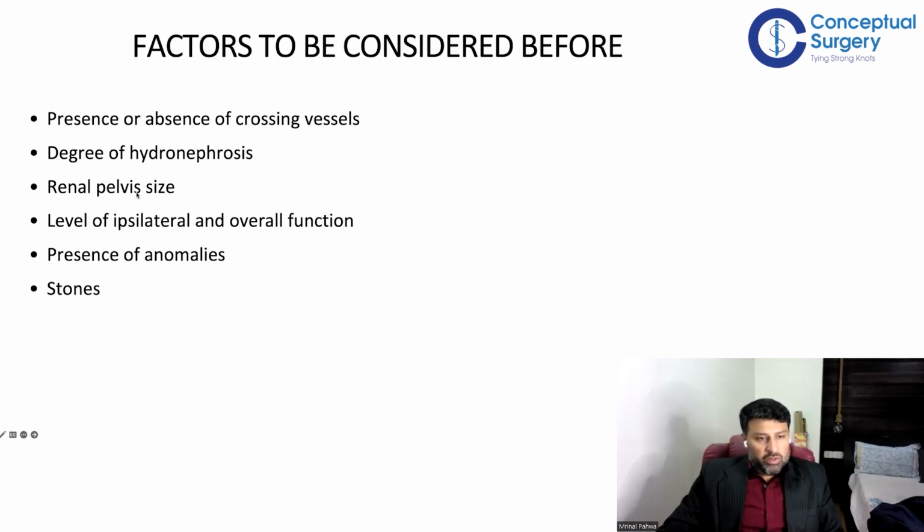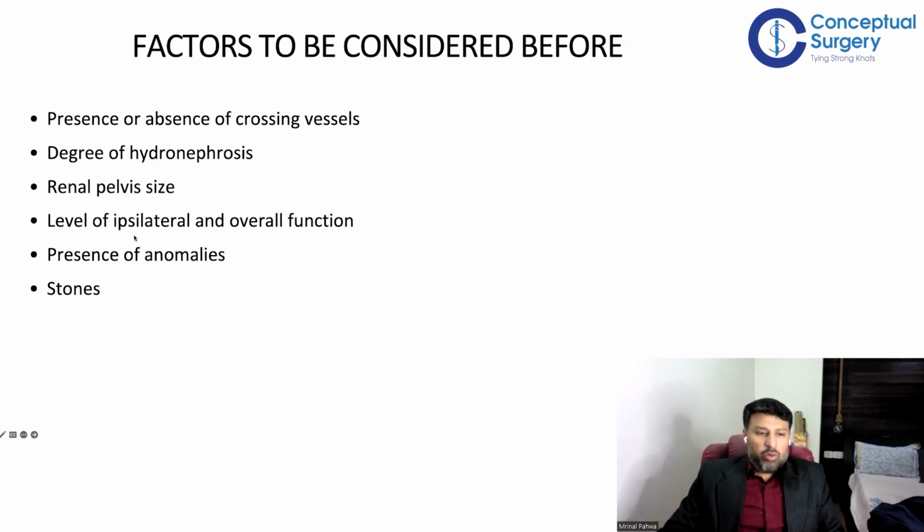What is the pelvic size? Whether it's very box shaped or very huge or redundant, and what position it is in, whether intrarenal or extrarenal. We have to look for all this in the imaging studies.